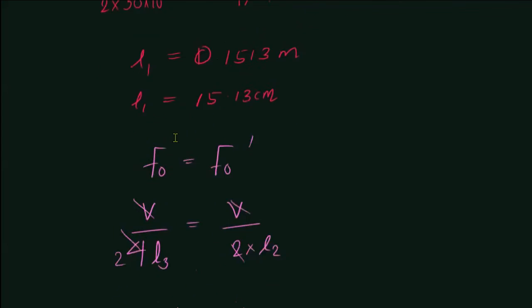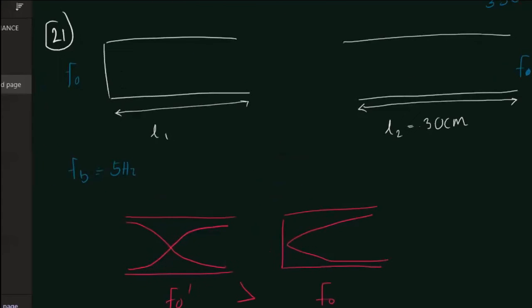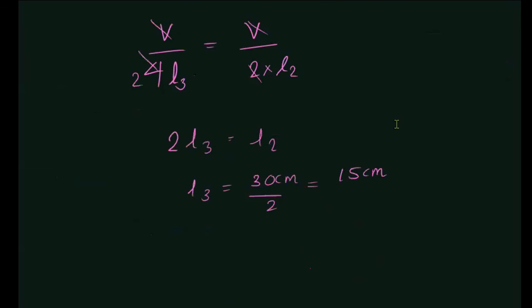So initially the closed end tube was 15.13 centimeters. Now, if they need to vibrate at the same frequency, the length of this closed pipe should be 15 centimeters.